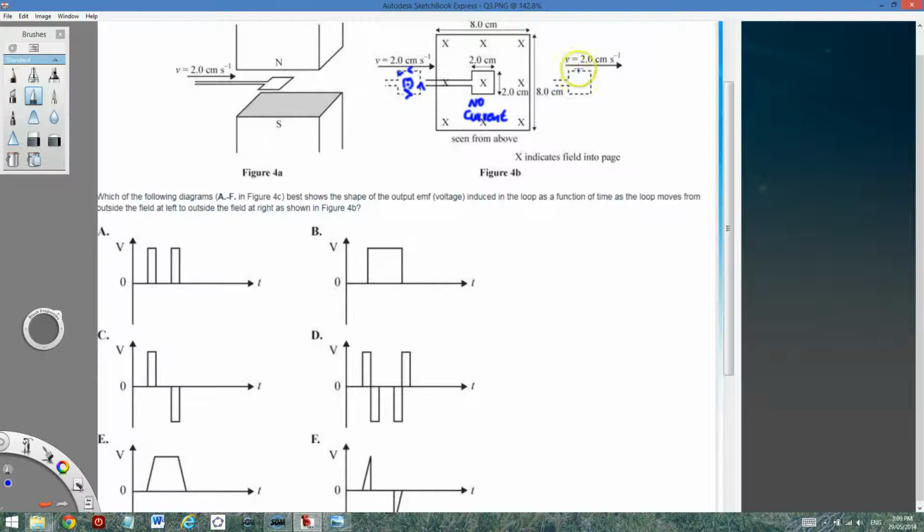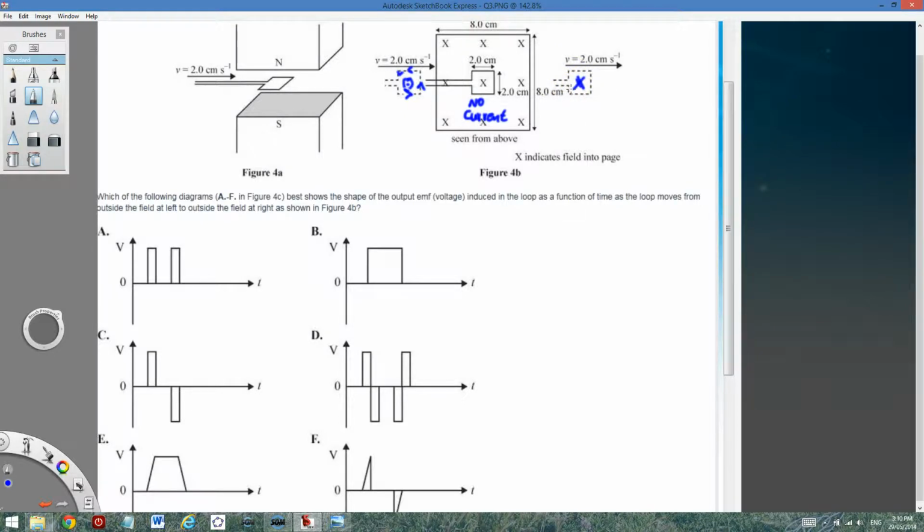So it tries to create its own magnetic field. That's what the wire wants to do. I don't know why they behave like that, but they just do. Once they get used to having a magnetic field inside, they want it once they get out. So during the process of coming out, the wire tries to create its own magnetic field, which is into the page. So use our right hand rule again.